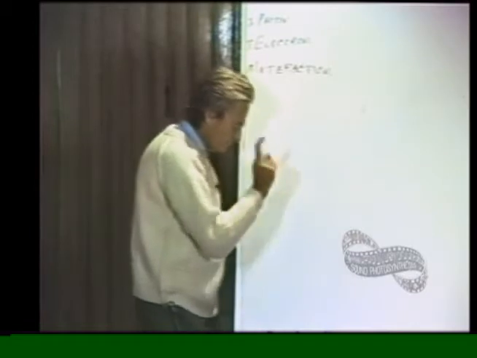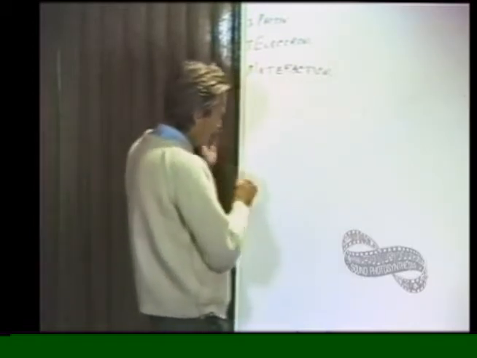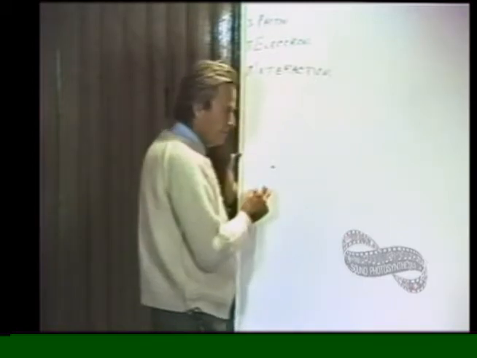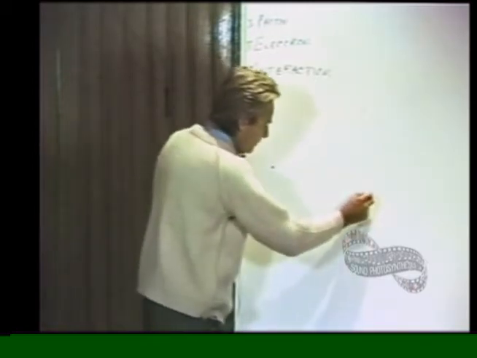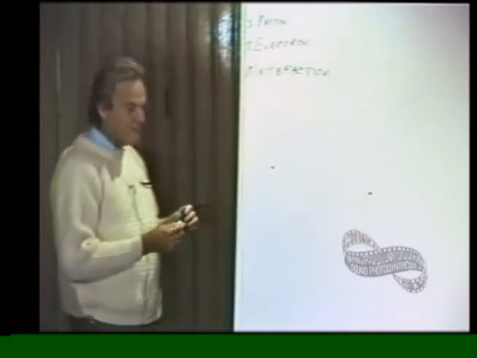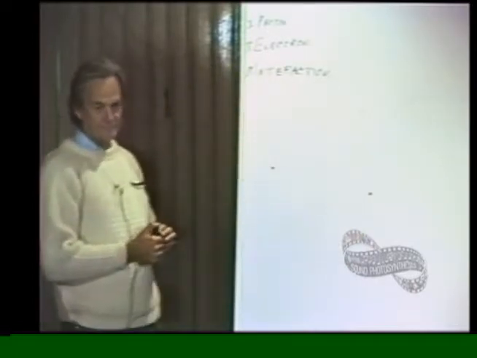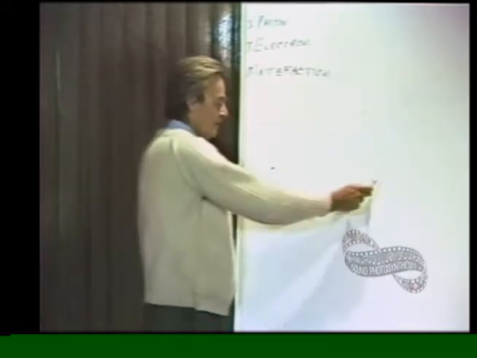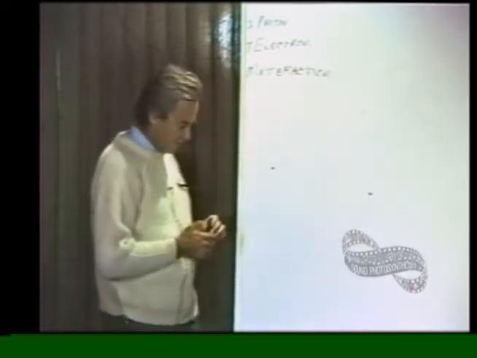What is the amplitude that a photon emitted from one point in a certain place in space appears or gets to another point somewhere else in space at a different time? Let's suppose this is emitted at a certain time at a certain place, and that this goes to another place at another time, all right?